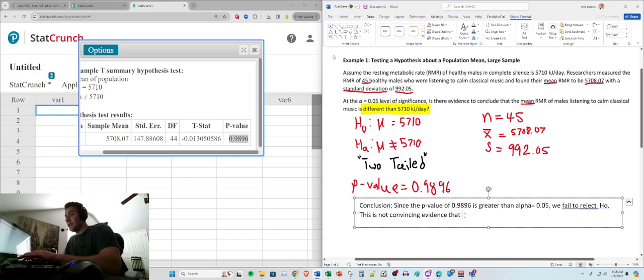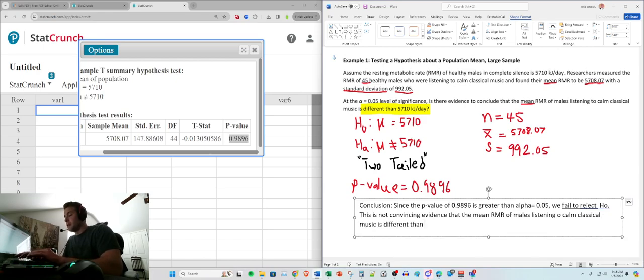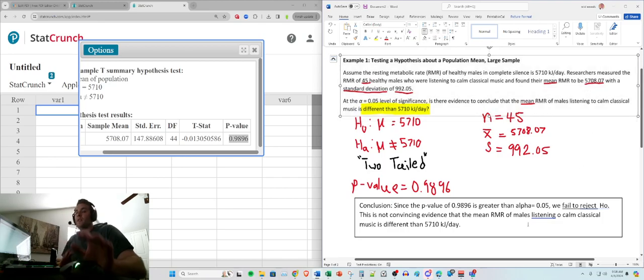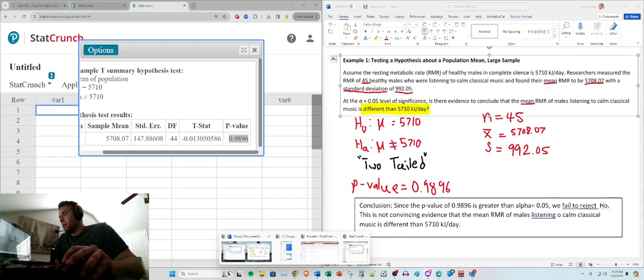So that the mean RMR of males listening to calm classical music is different than the 5710 kJ per day. There is our conclusion, and that's what we would want to pick for those options within MyMathLab. All right, so that is the first example.